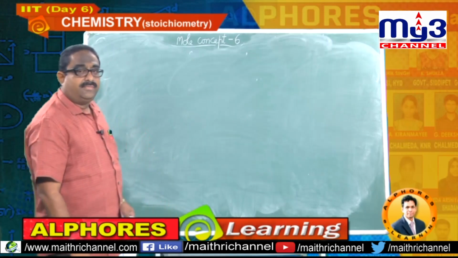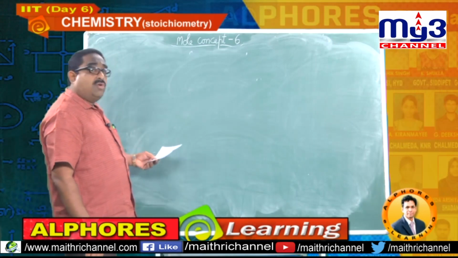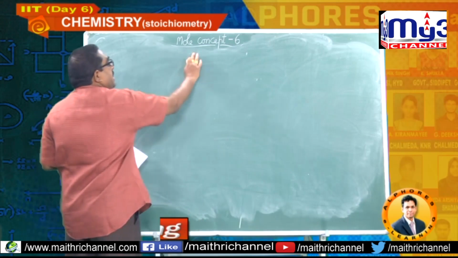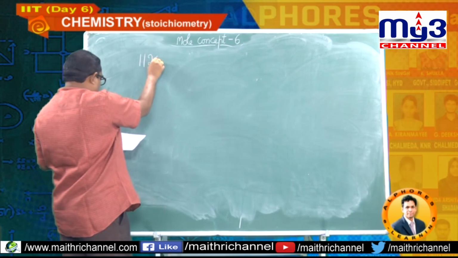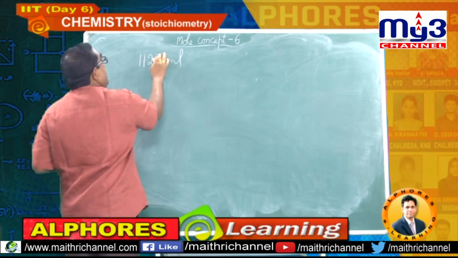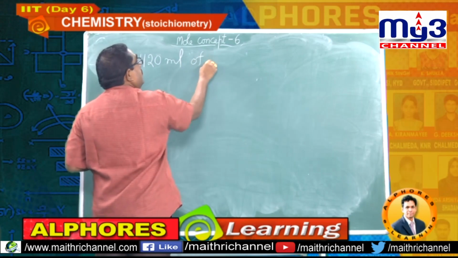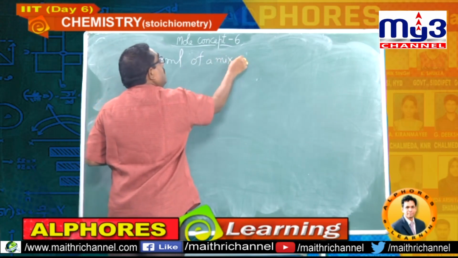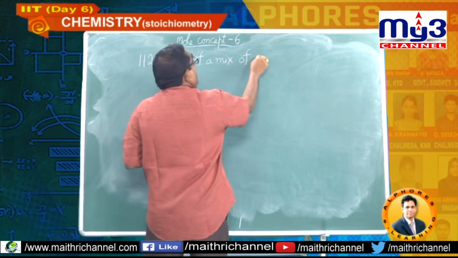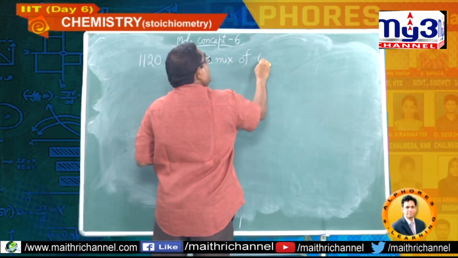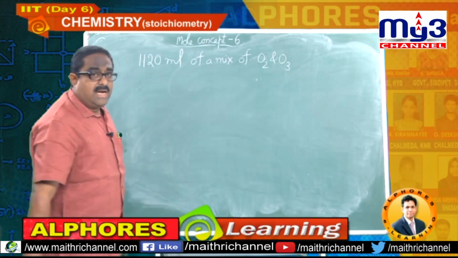Okay, students, let us go through the next numerical. Write down along with me. 1120 ml of a mixture of oxygen and ozone, O2 oxygen and O3 ozone.